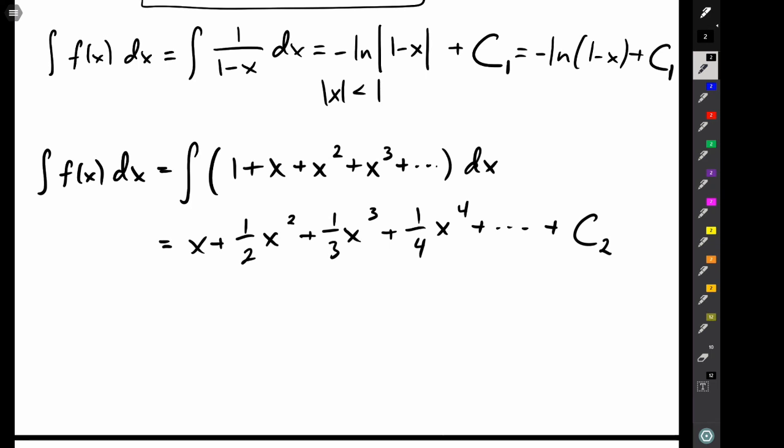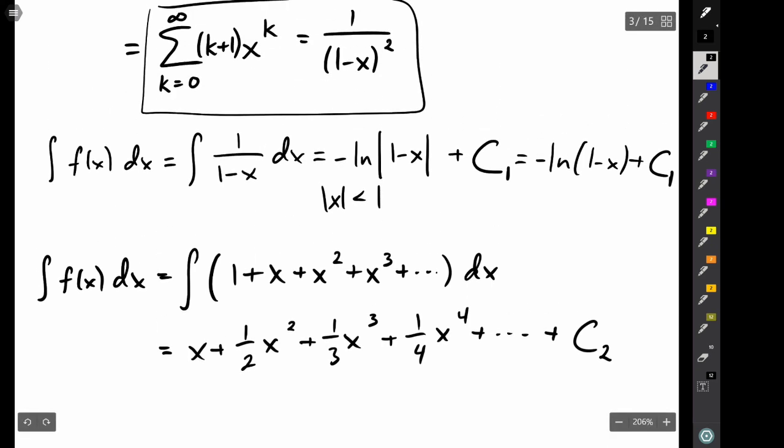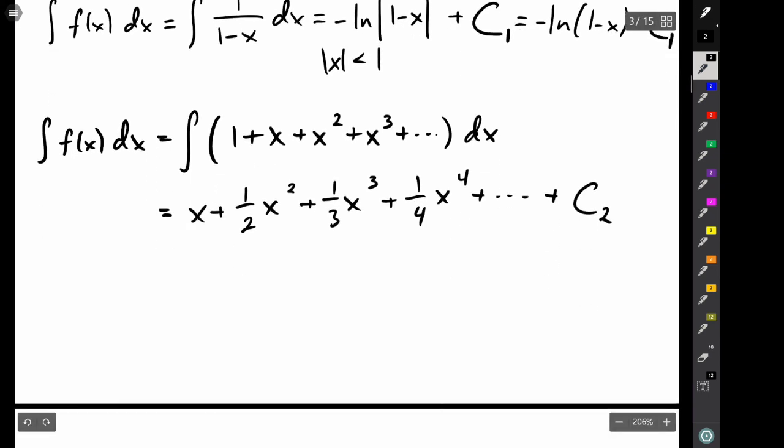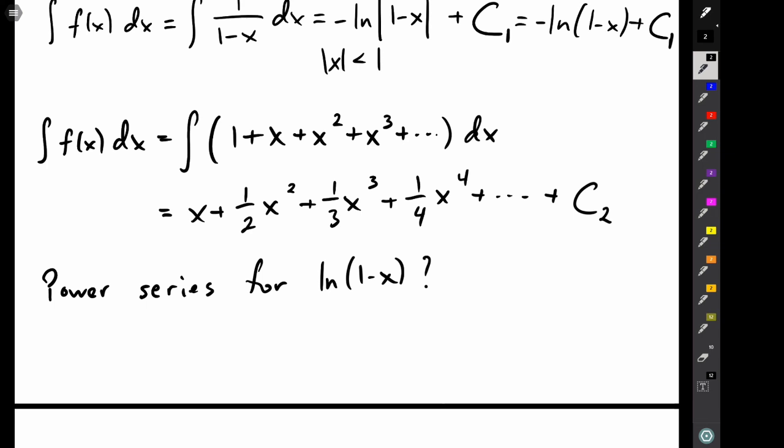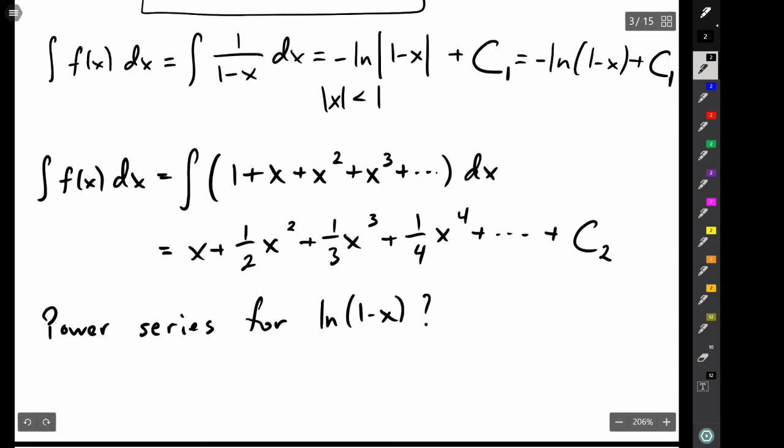Now, what we want to figure out is, well, maybe what about a power series for just ln of 1 minus x? What if I just want that part? So this function has to equal this for some choice of C2, right?